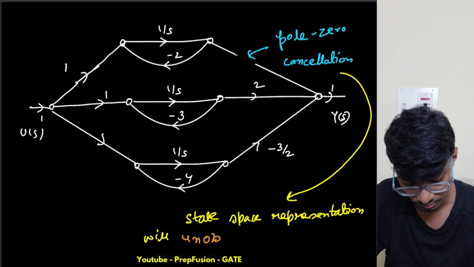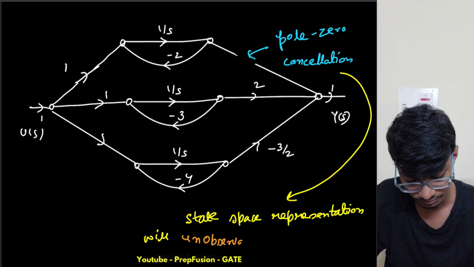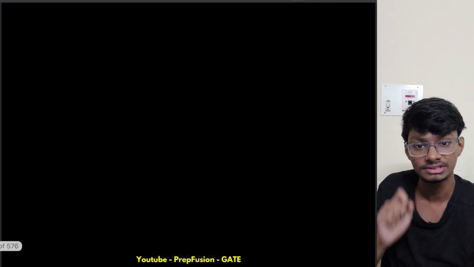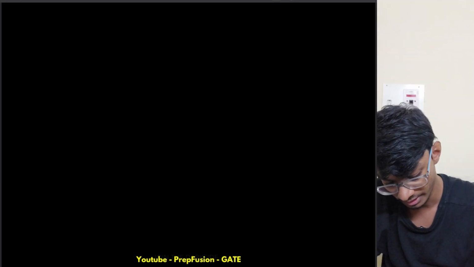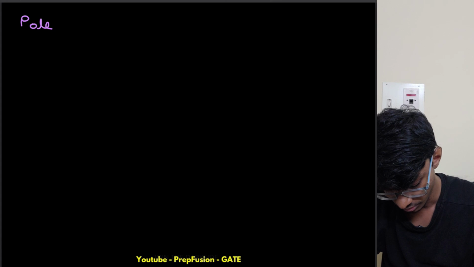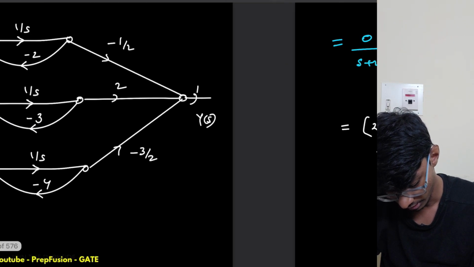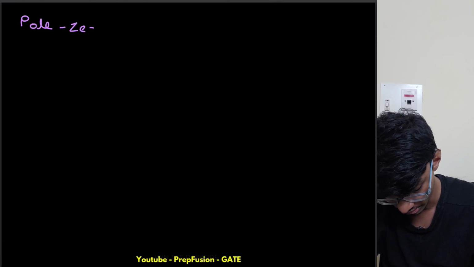We haven't studied unobservability yet, I will explain everything to you. So what does pole zero cancellation basically mean? I have written it previously, I don't remember, so I will write this here formally in a better manner. Pole zero cancellation.